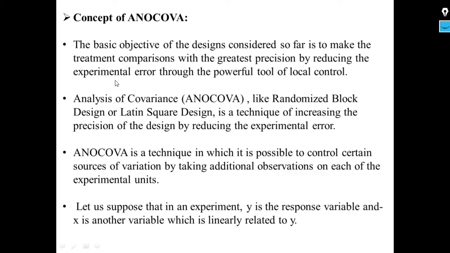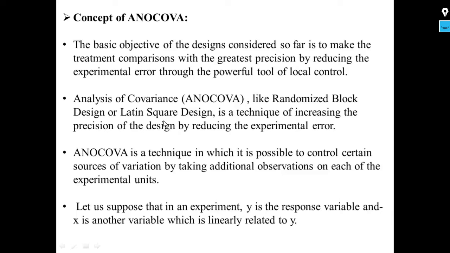Like randomized block design or Latin square design, analysis of covariance is also a technique used to increase the precision of the design by reducing the experimental error.